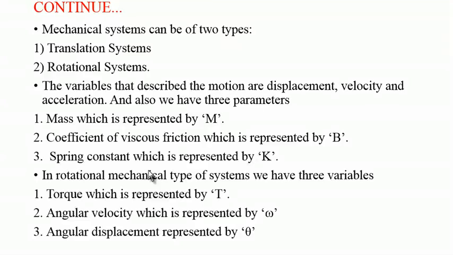Next, these are considered for translation systems. For a rotational mechanical system, we have three variables: torque, represented by T; angular velocity, represented by omega; and angular displacement, represented by theta.